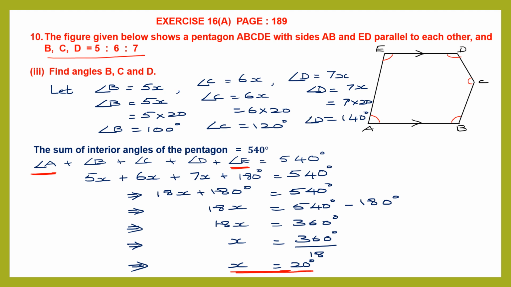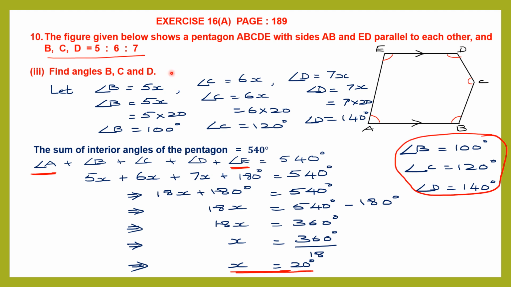So angle D is 140 degrees. So we found the value of all the angles. Angle B is 100, angle C is 120, and angle D is 140 degrees. So this is our answer.